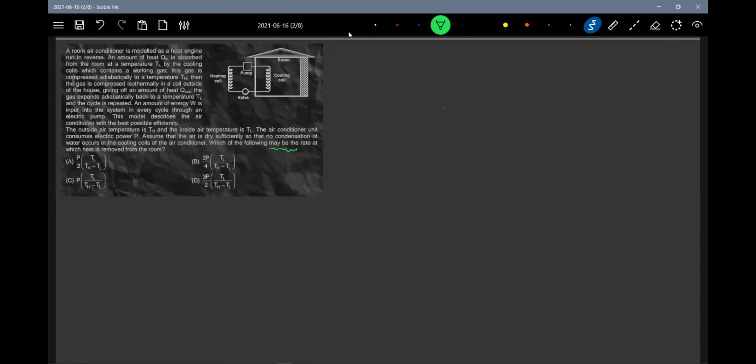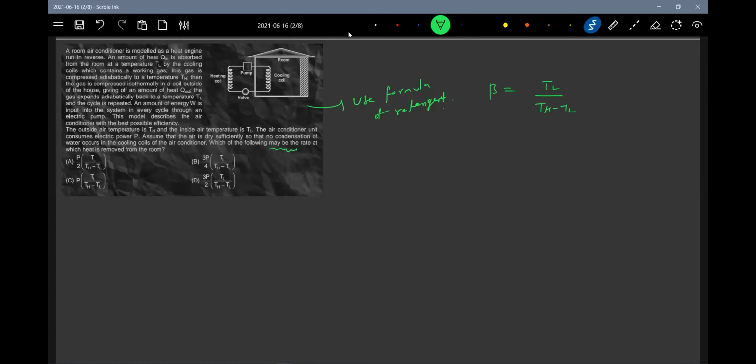Okay, no, this is where we use the formula of refrigerator. What is the basic formula for a refrigerator? The coefficient of performance, that is beta, should be equal to TL by TH minus TL.